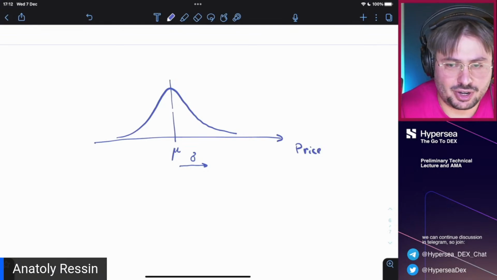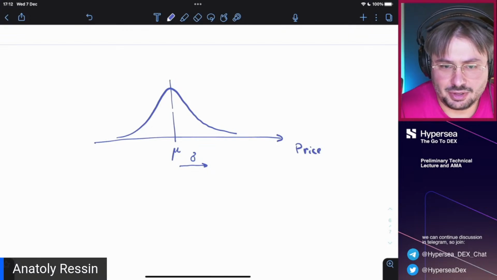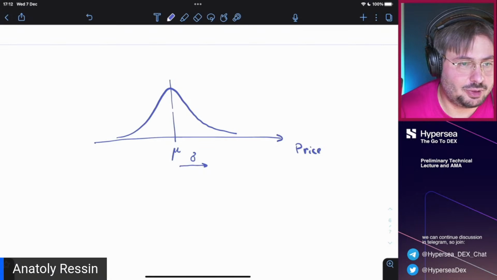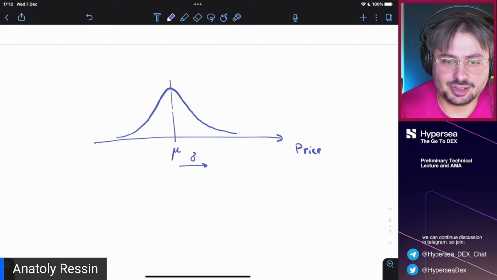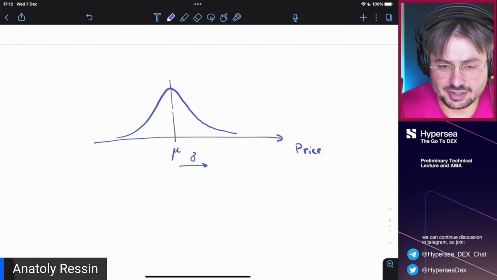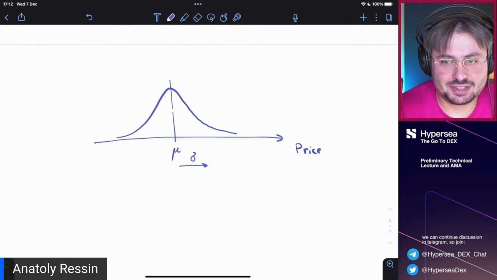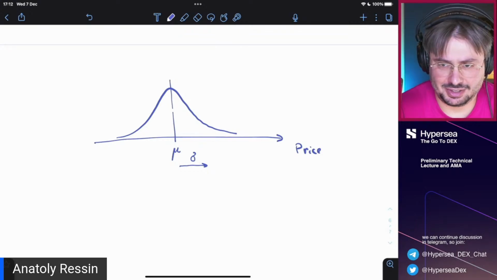The standard deviation of the price is the natural measure of the volatility of the price. Then it is interesting that this is a very good strategy for how to distribute your liquidity.